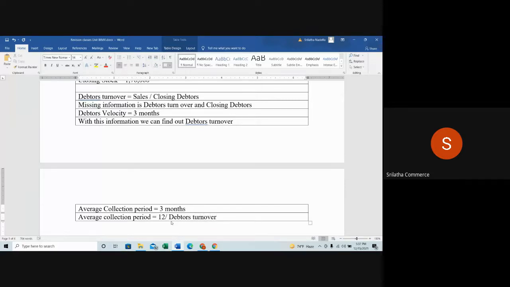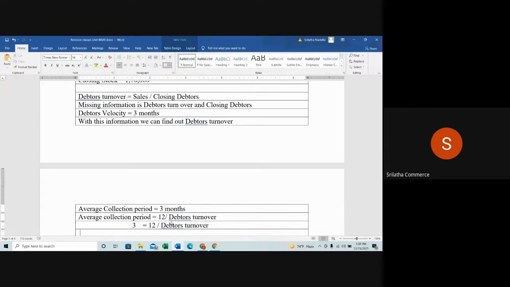Is it clear for you all? Average collection period is equal to 12 divided by debtors' turnover. This is the formula. Average collection period is equal to how many months? 3 months is equal to 12 divided by debtors' turnover.